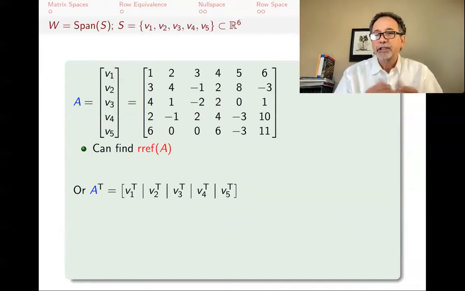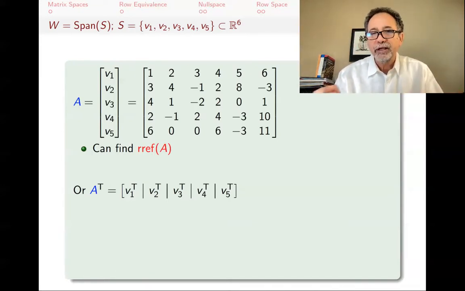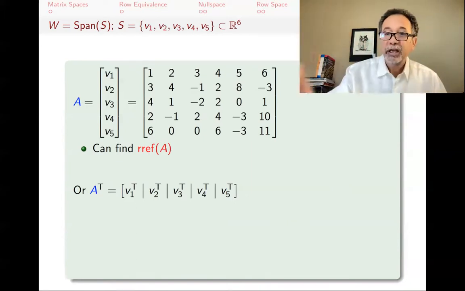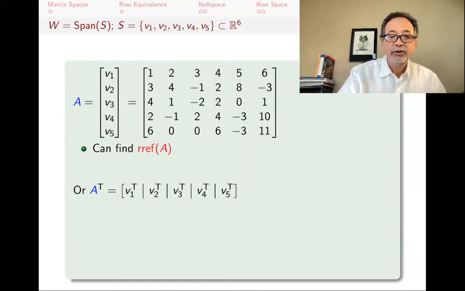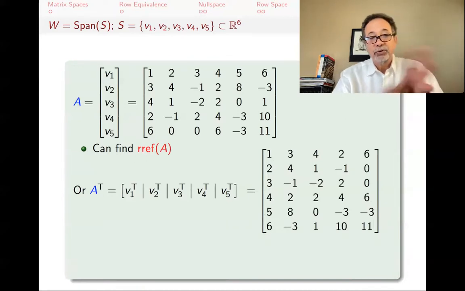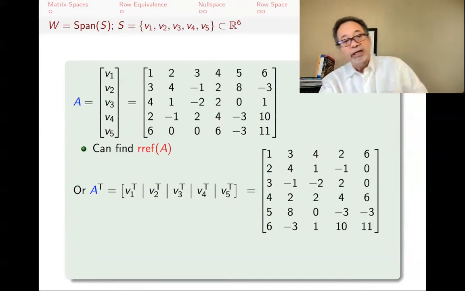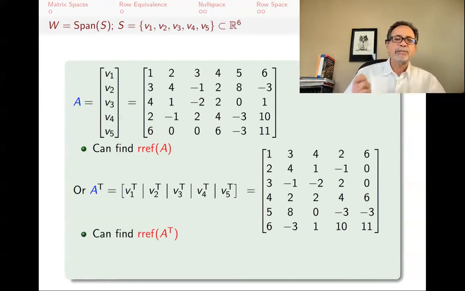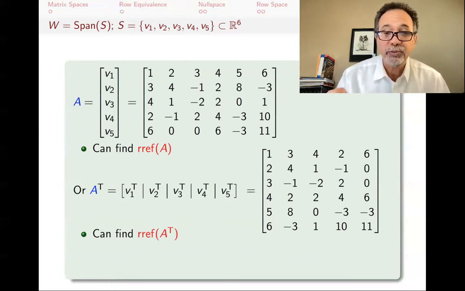I wrote V1 transpose because V1 originally was a row vector, and now it's a column vector. So I'm writing them as columns of a matrix, the transpose of the original one. Then I can find the reduced row echelon form of A transpose and see what that tells me about the columns of A transpose.